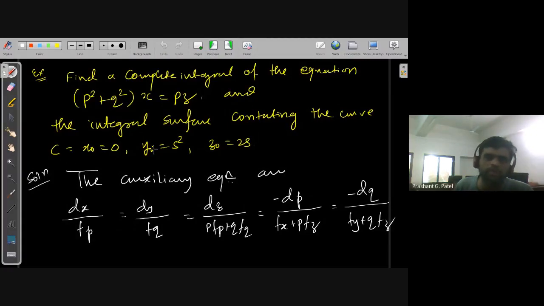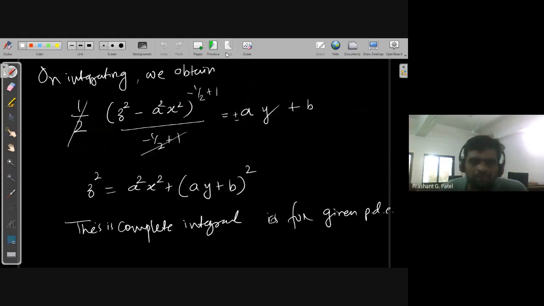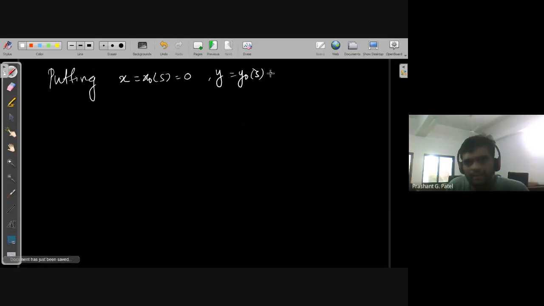So we need to substitute this value into this given surface we have obtained here. So putting x is equal to x0 of s is equal to 0, this is given. y is equal to y0 of s is equal to s square, and z is equal to z0 of s is equal to 2s.